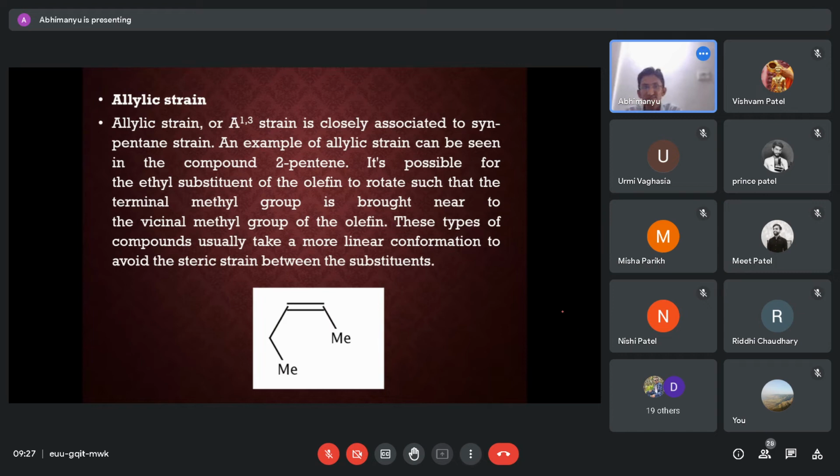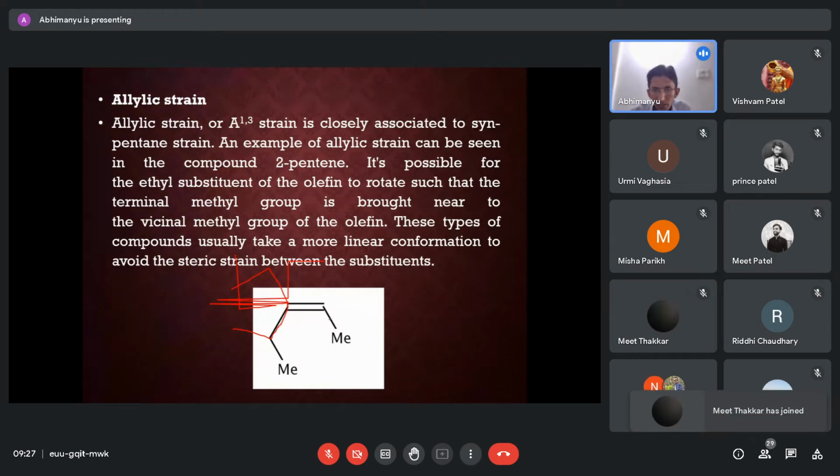Third one is the allylic strain. In allylic strain, here you can see methyl and methyl. In the allylic structure, different orientations are possible. If I draw the bonds differently here or there, all conformers are possible, even with the methyl in the opposite direction. Yes, all orientations are possible in an allylic system.